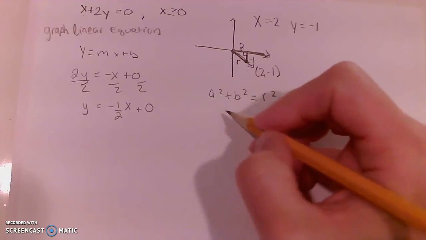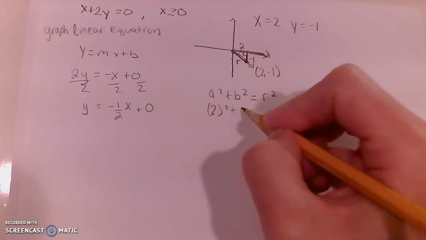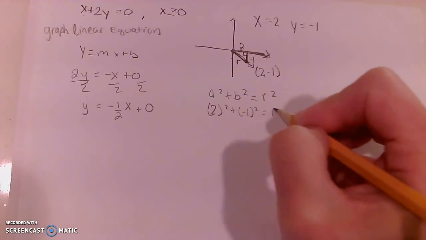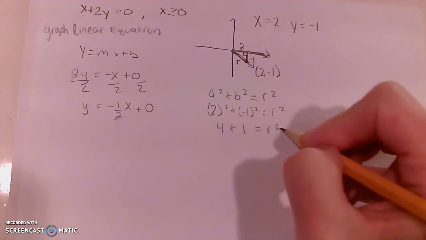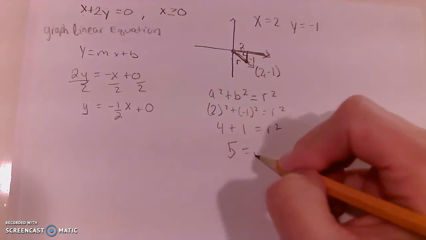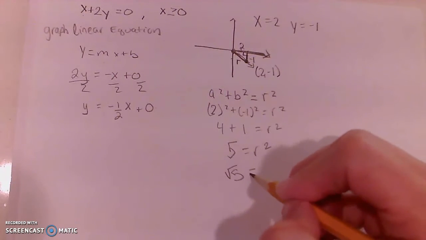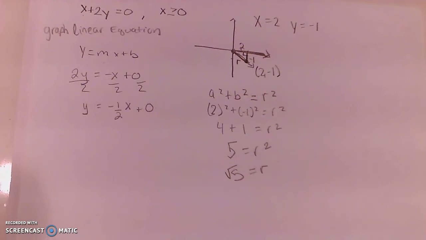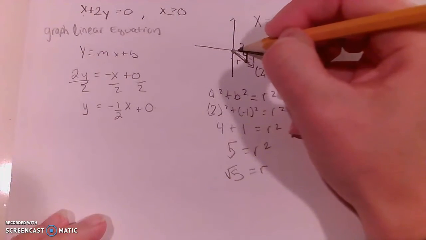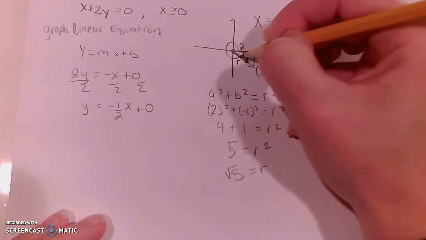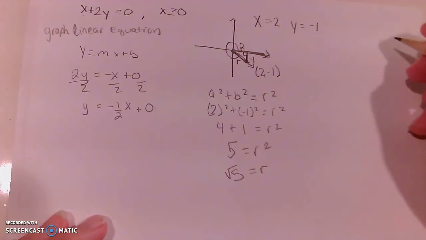We plug in: 2 squared plus negative 1 squared equals r squared. This is 4, negative 1 squared is 1, so 5 equals r squared. Take the square root of both sides. Square root of 5 equals r. From there, we can do our trig functions. Technically this angle theta is somewhere in the 4th quadrant here, so keep that in mind.